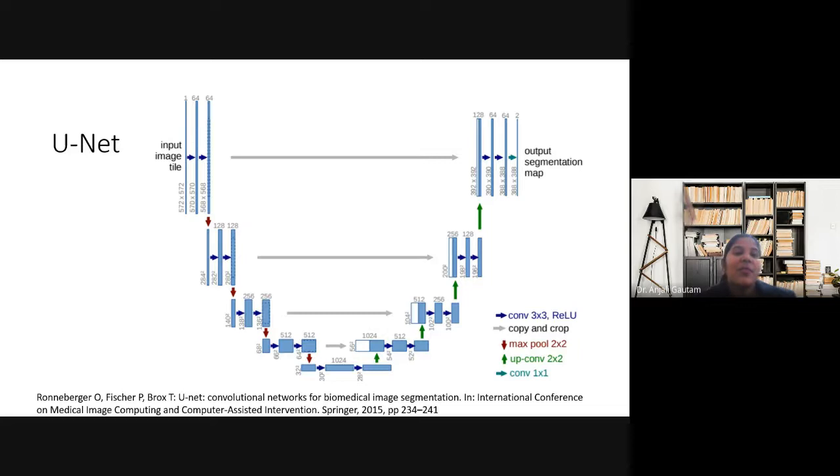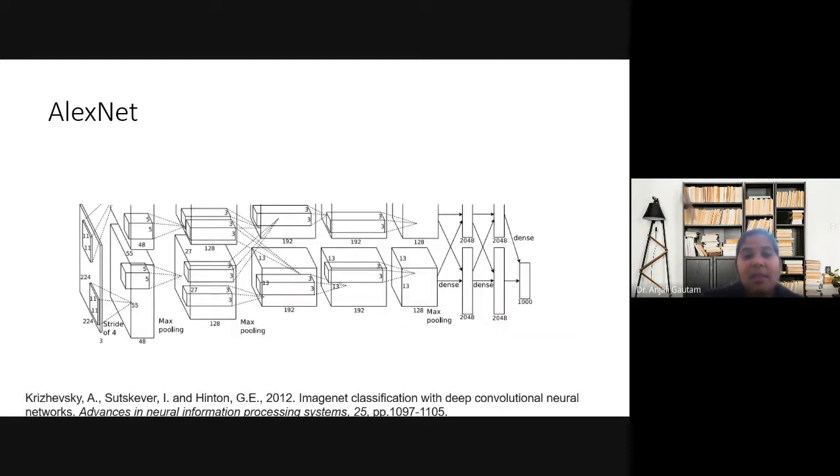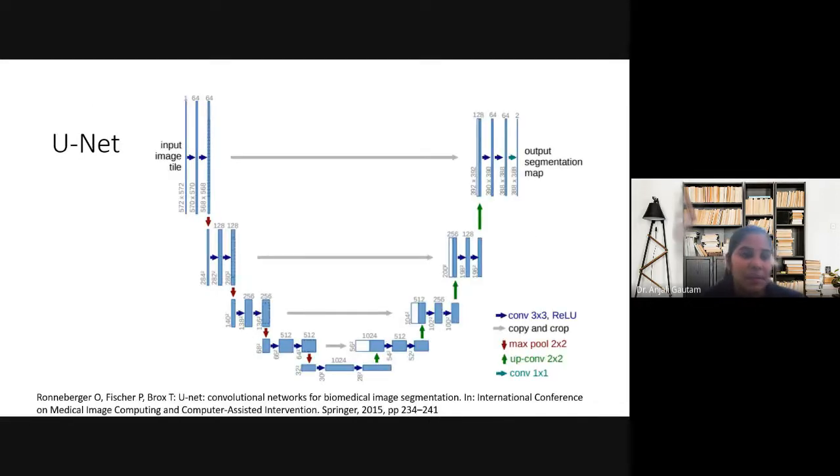But in medical imaging, if you want to perform segmentation, you cannot do it with this. Just see here, every time it is decreasing the size of your image. Earlier it was 224, then the size reduced to 55 cross 55, then 27 cross 27, then 13 cross 13, and likewise.